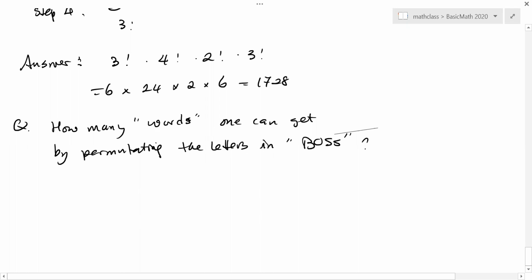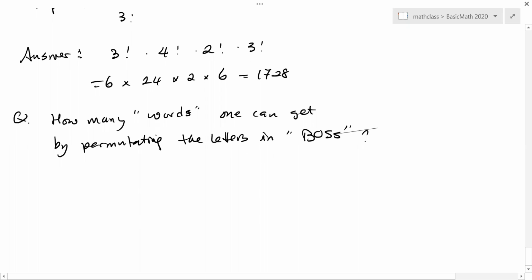If all those letters are different, then you have 4 factorial different words. Look at the case here: BOAT. Those 4 letters are different. If you permute those 4 letters, it's the same as selecting those 4 letters and putting them in a row.